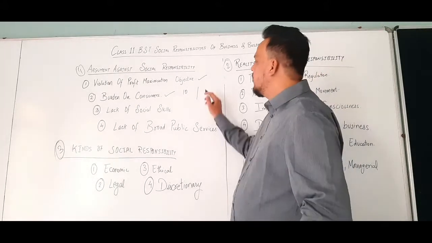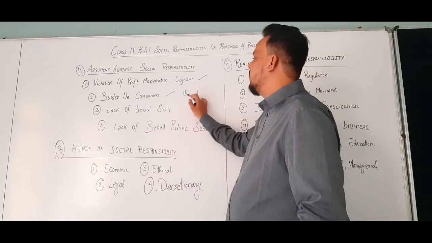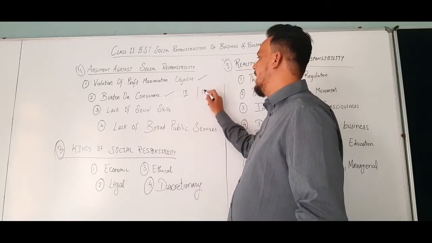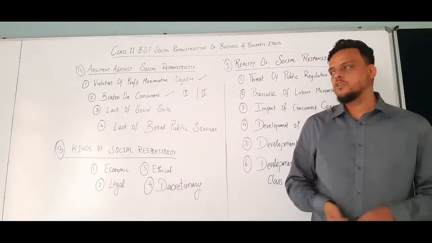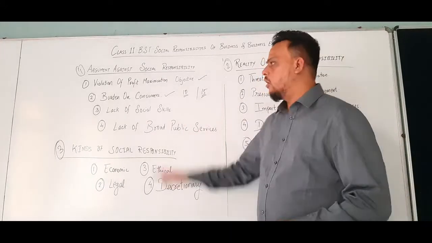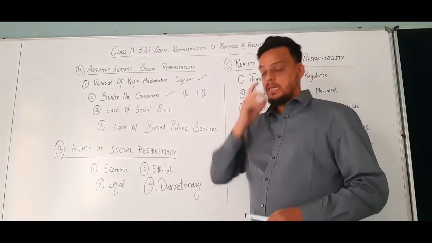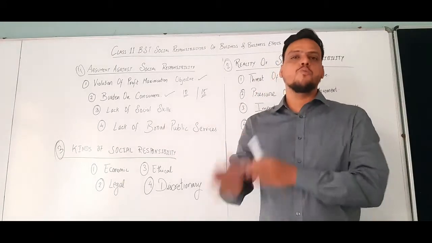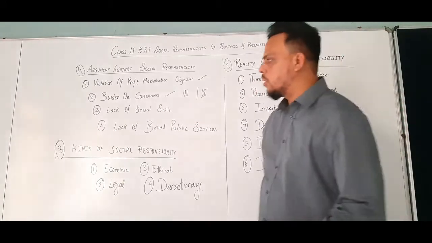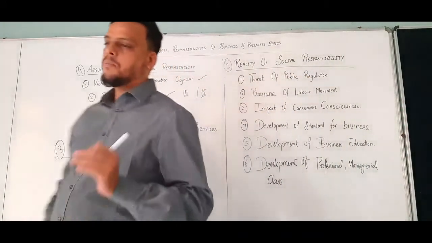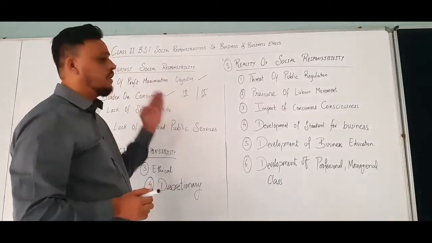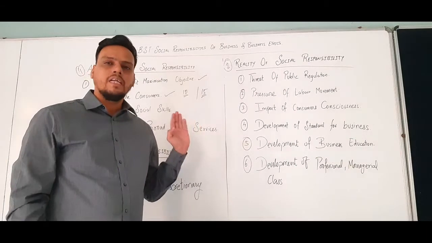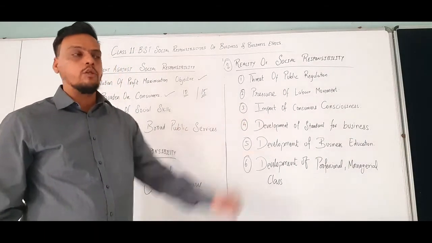So they started selling that product, which cost 10 rupees, at 15 rupees per unit. The price of the product ultimately rises, and they have shifted their social responsibilities to the customer. Because of that, the burden on the consumer increases, because the unit they were purchasing at 10 rupees now has to be purchased at 15 rupees.